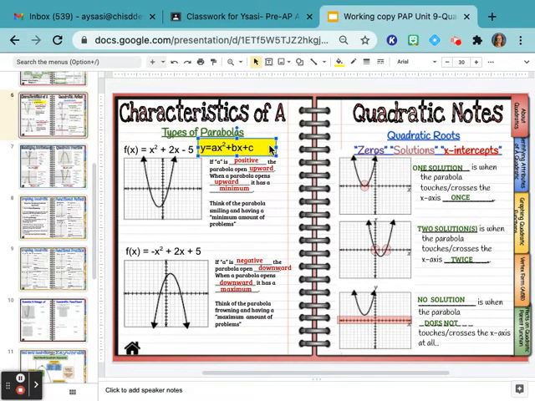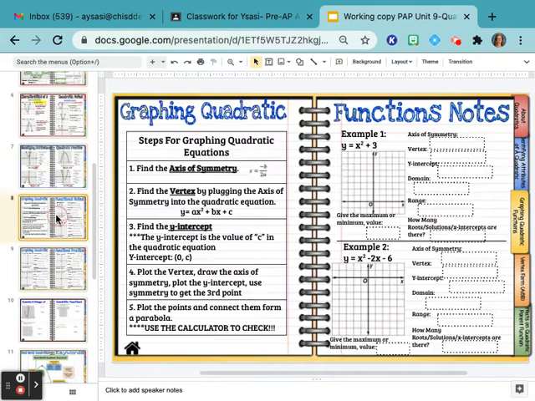If you don't have that, you need to have that on slide 6, and also copy it and paste it over on slide 8 so that we can refer back to this. And get out your composition book because I want us to look at writing our axis of symmetry.